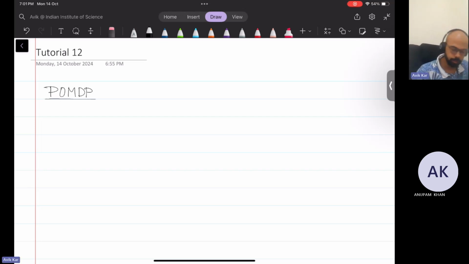So many of you, I think, already have a background in machine learning, and there you might have studied hidden Markov model. So we'll discuss what that is, but before beginning, we'll just make a statement that partially observable Markov decision process, or POMDP, is actually a controlled hidden Markov model.